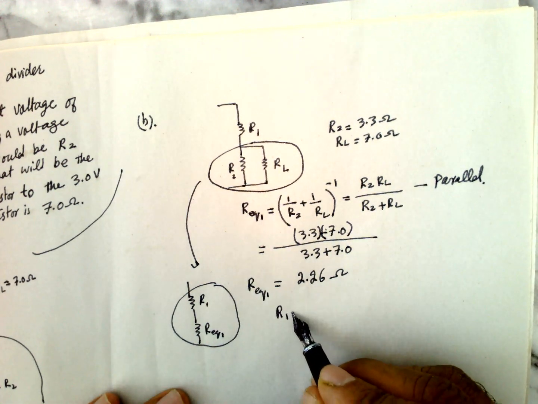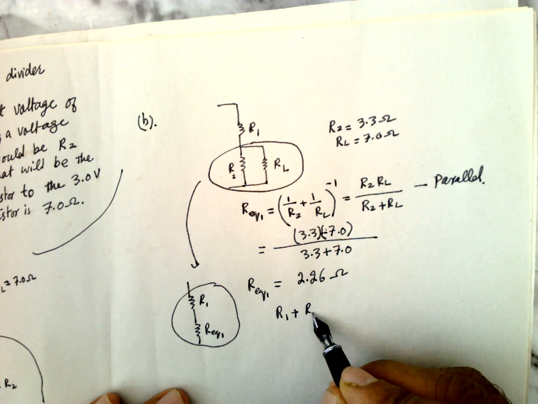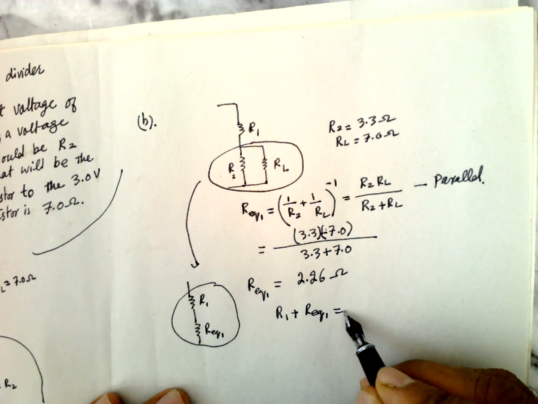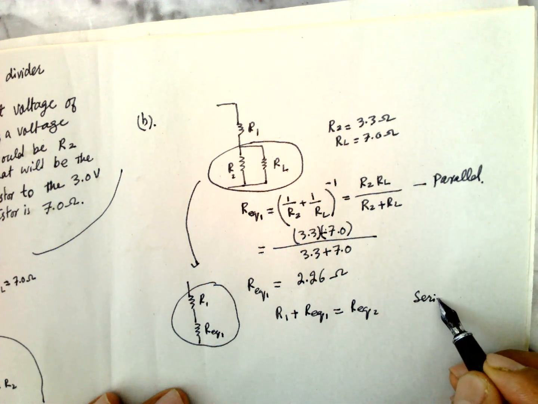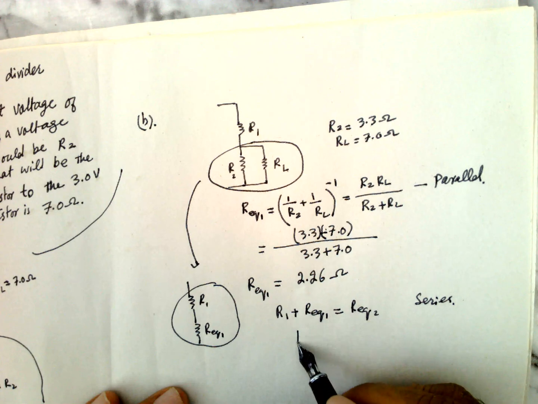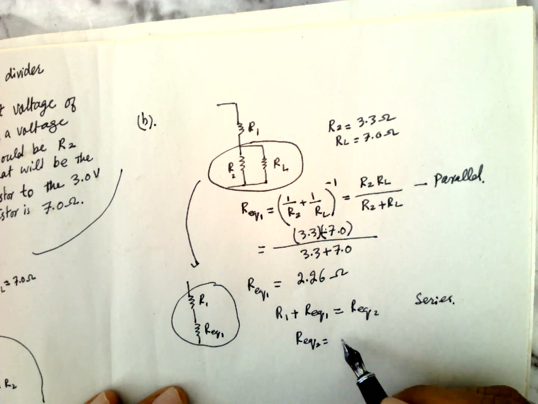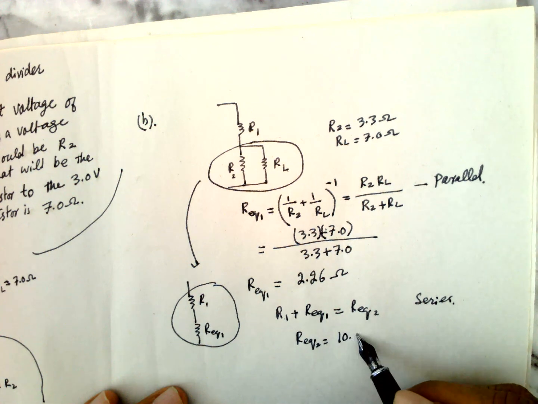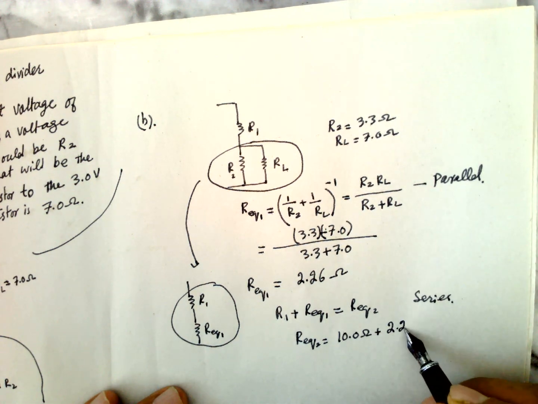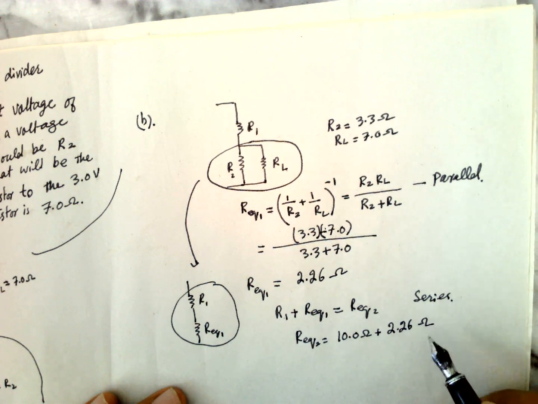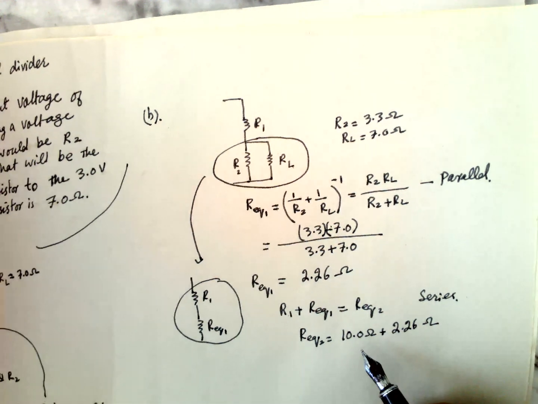So R1 plus R equivalent 1 is equal to R equivalent 2. So series. So R equivalent 2 is equal to R1, which is equal to 10.0 ohm plus 2.26. So this gave us the answer 12.26.